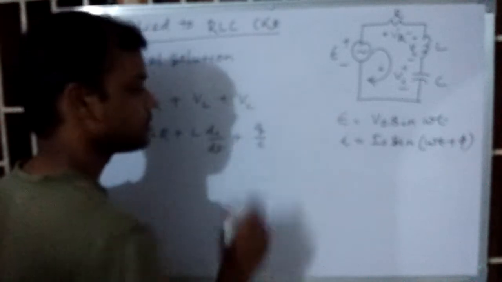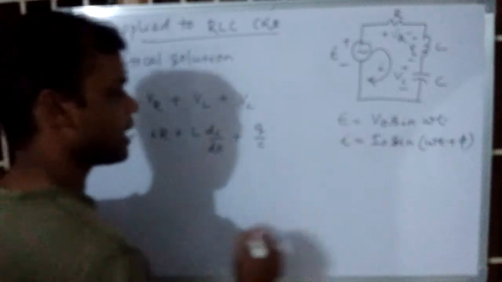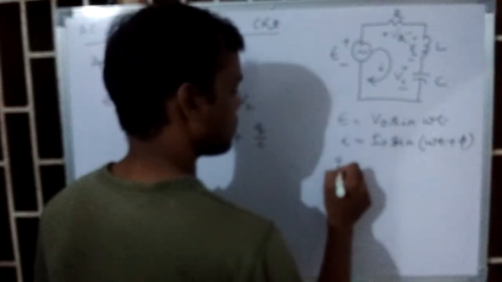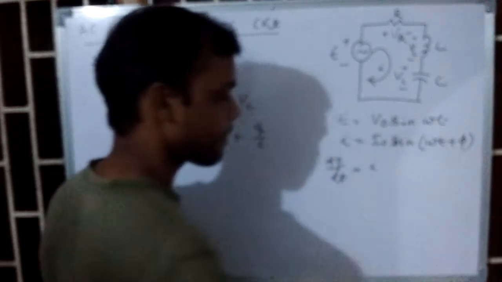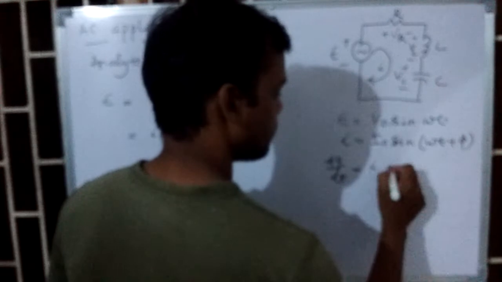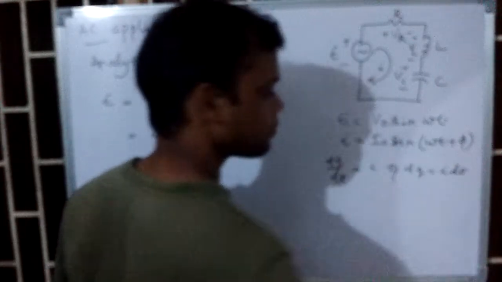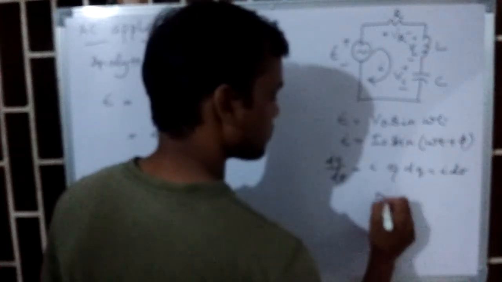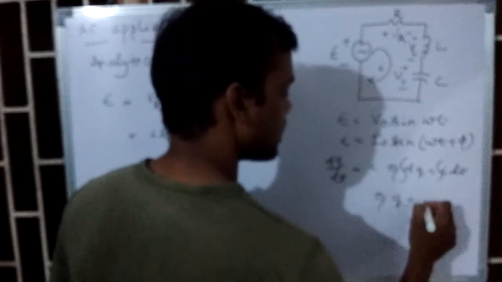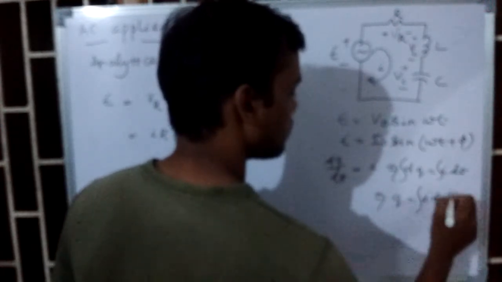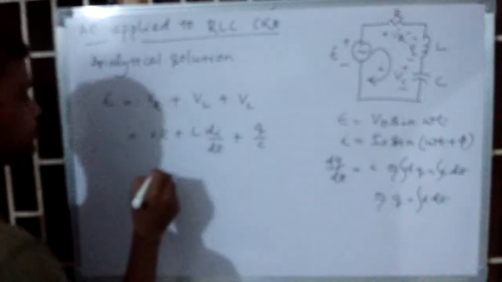Q by C. So, what is the relation between Q and I? dq by dt is equal to I, which implies dq is equal to I dt, which implies if you integrate on both sides, the left side will be q, and the right side will be the integration of I dt. Now we shall replace q with this.